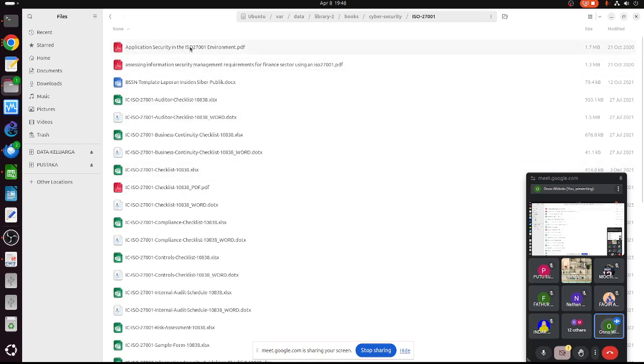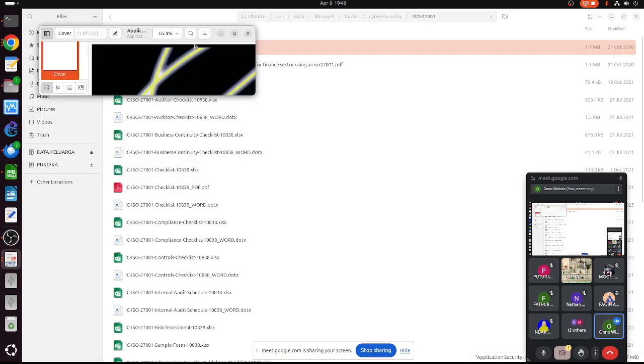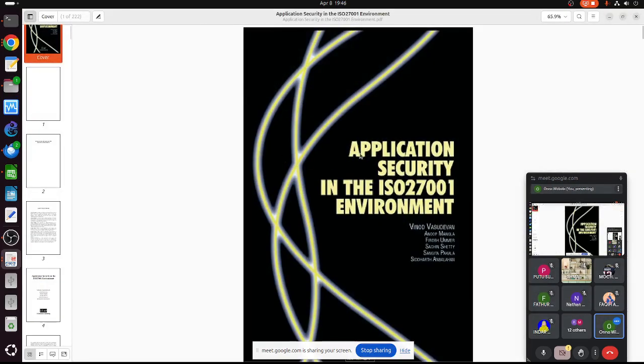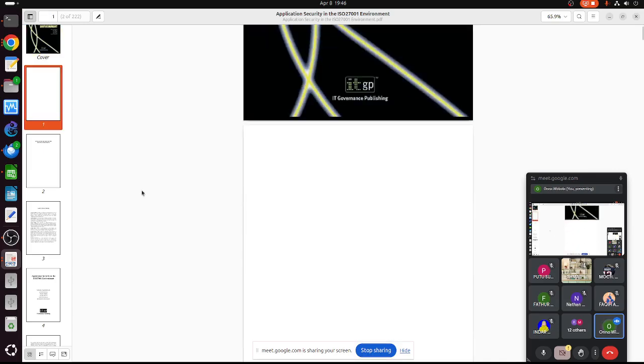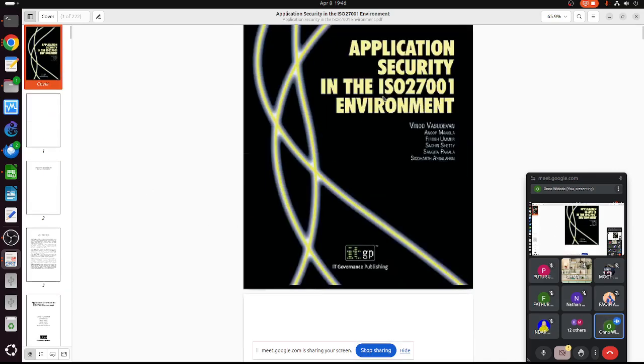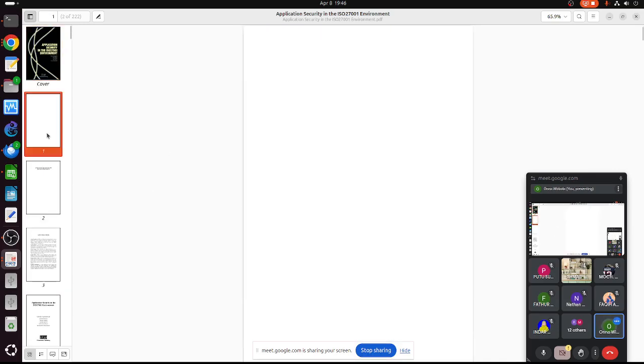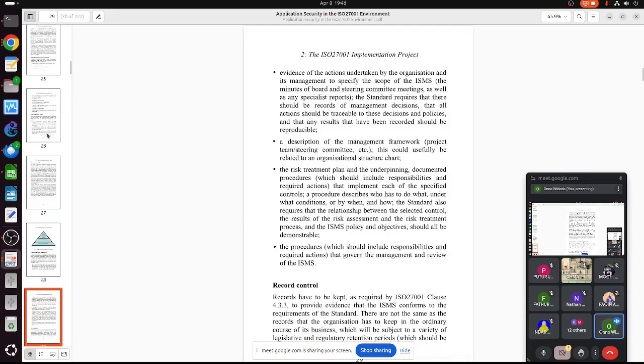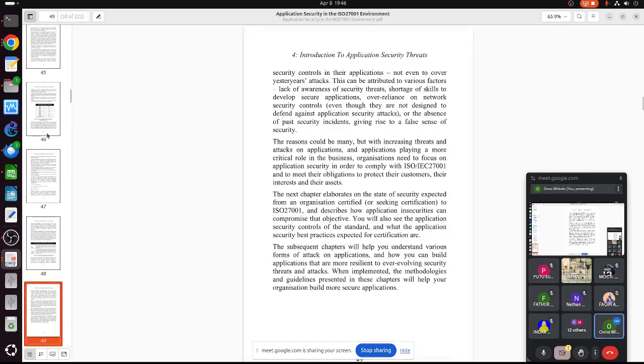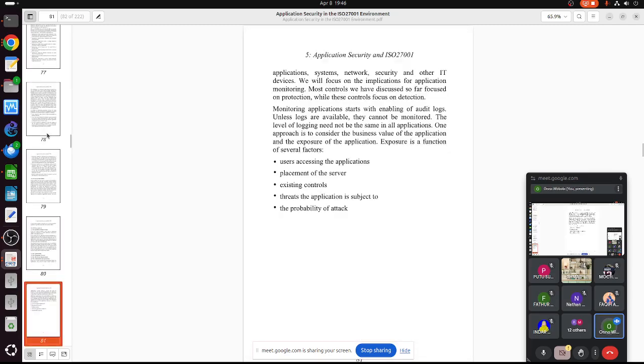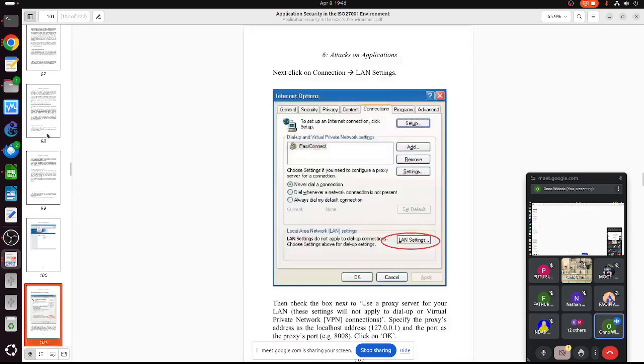But this one also I have some cheating. Not cheating, basically. This is a book on ISO 27000 environment, what kind of things we need to make sure and so on. So this is a good guidance actually for these things.